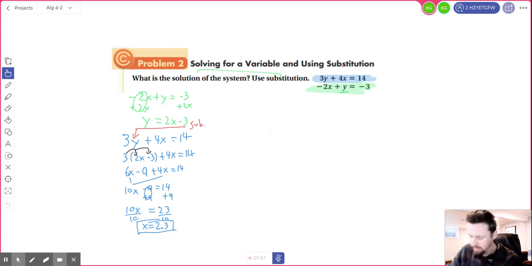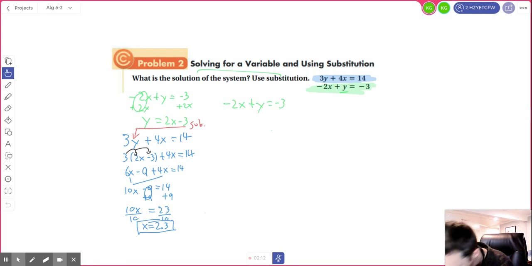Now, I'm going to use that back in the green equation. Negative 2x plus y equals negative 3. And I will substitute my value of x in for x, and I'll use that to solve for y.